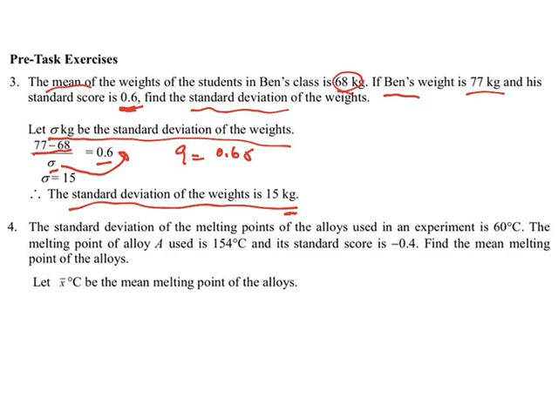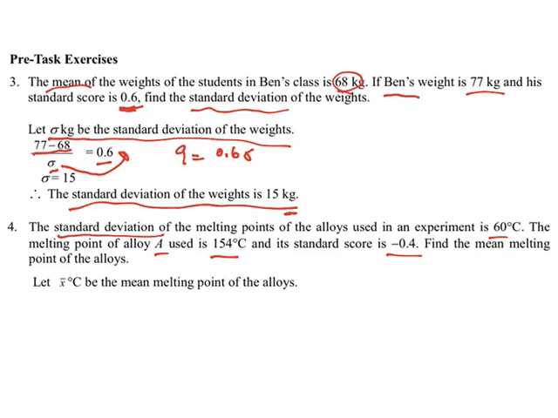Now try to use 1 minute to finish question 4. Let's check it. This time we know the SD is 60, and the data is 154 degrees Celsius, and the standard score is negative 0.4.